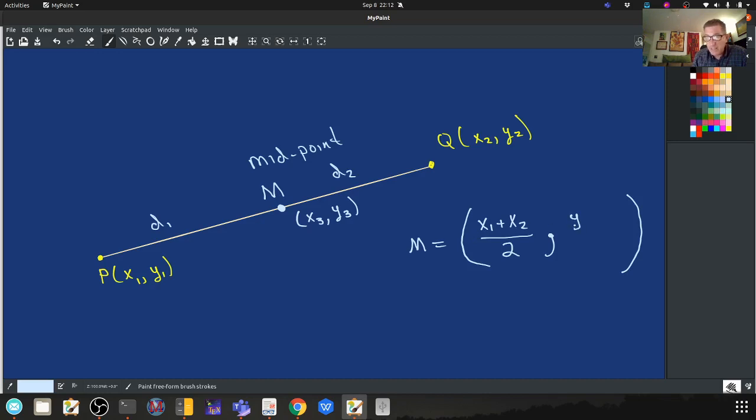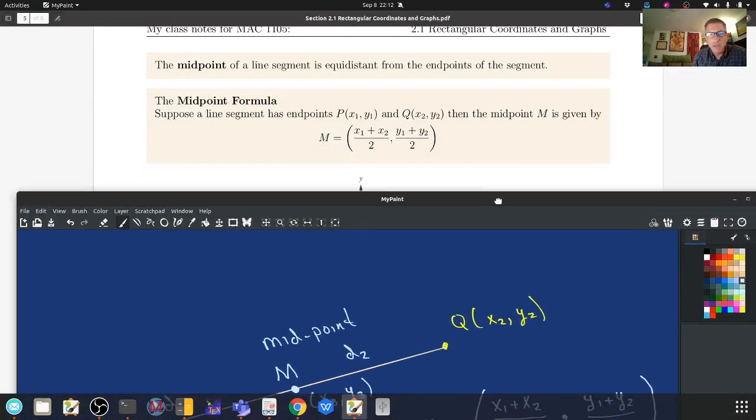You do the same thing with the y coordinates. And now I know the coordinates of the midpoint M. That would be x3 and y3. x3 would be x1 plus x2 over 2. You don't have to think about that. But these are the coordinates of the midpoint between P and Q.